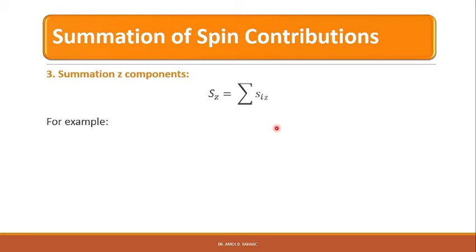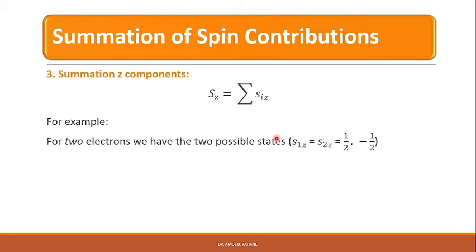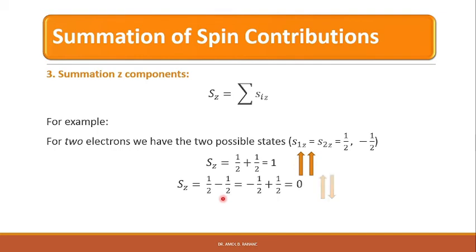For example, for 2 electrons, we have 2 possible states. S1z is equal to S2z is equal to 1 half or minus half, right? Only 2 possible states, and therefore we can write Sz is equal to 1 half plus 1 half is equal to 1, that is 2 parallel spins, or Sz is equal to 1 half minus 1 half, which is equal to minus 1 half plus 1 half is equal to 0.